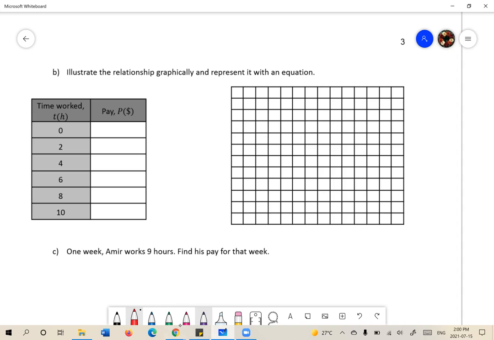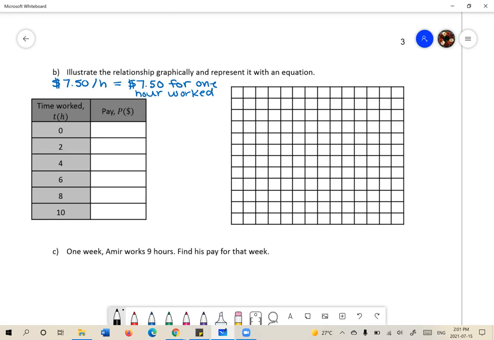Let's write that at the top. $7.50 per hour, which means $7.50 for 1 hour worked. Remember this when we are filling in the p values in our table of values.